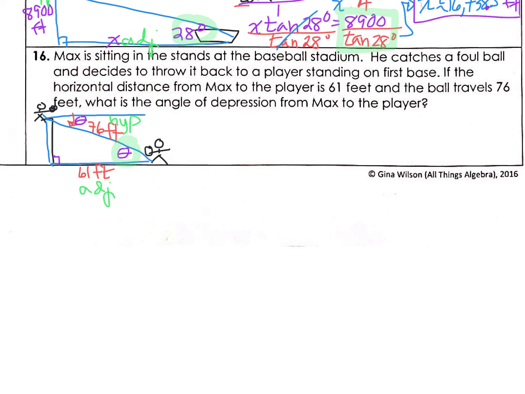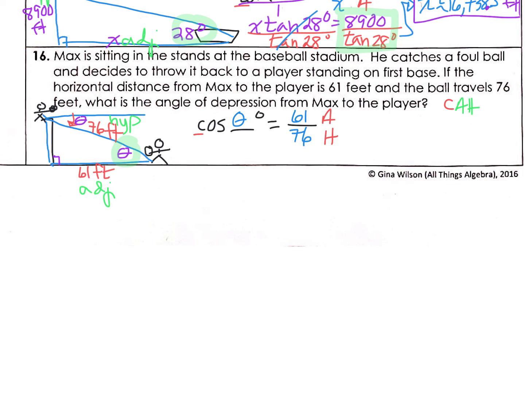So for this one, I have AH, H always comes second, and so that must be CAH, so we're choosing cosine. So cosine of blank degrees is equal to a ratio. Our degree is theta, our adjacent is 61, and our hypotenuse is 76.